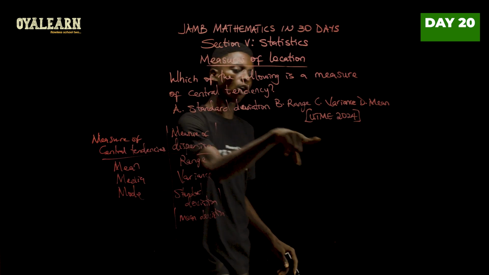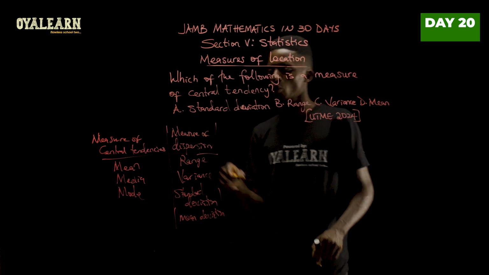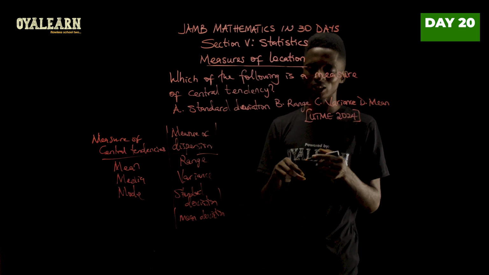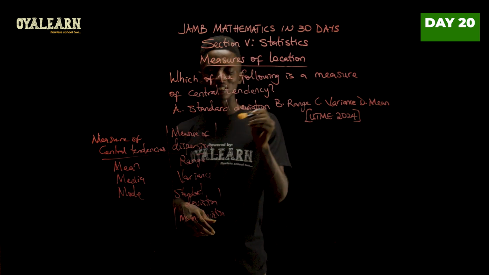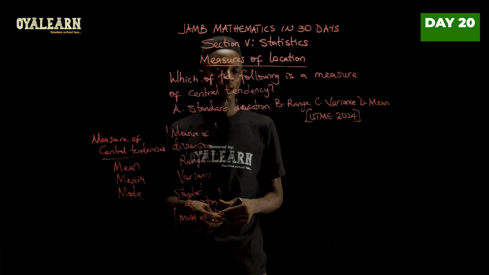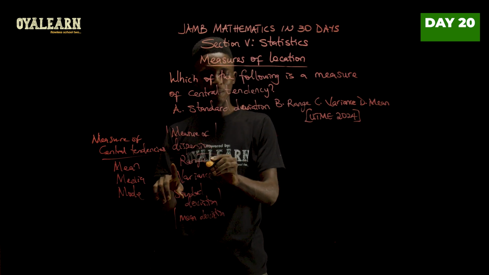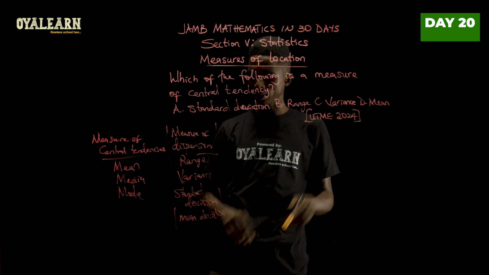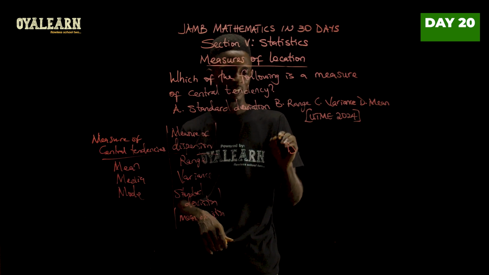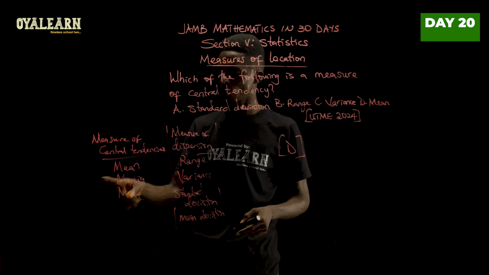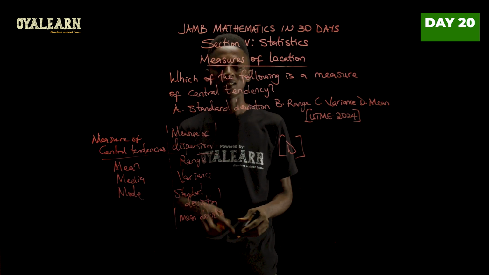So now coming to this question, we have to look for the one that is a measure of central tendency. Standard deviation is a measure of dispersion, range is a measure of dispersion, variance is a measure of dispersion. So the correct answer is D, mean, which is a measure of central tendency.